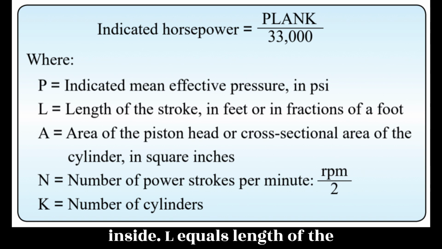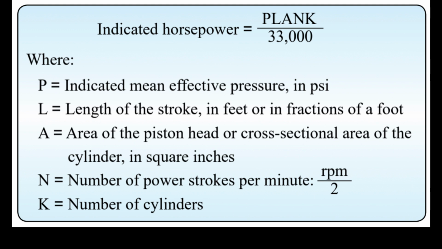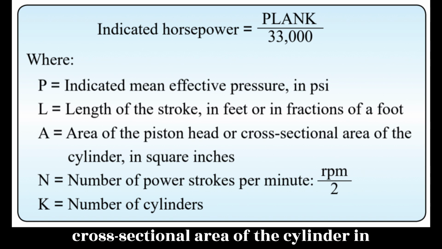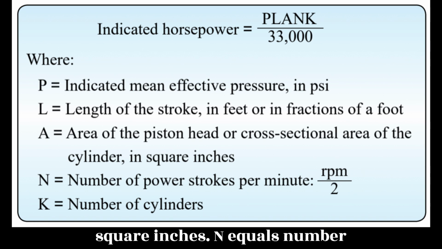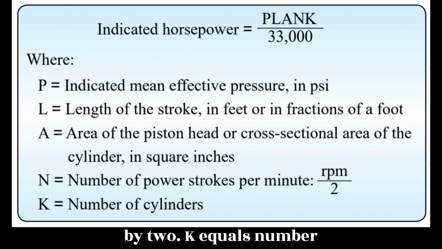L equals length of the stroke, in feet or in fractions of a foot. A equals area of the piston head or cross-sectional area of the cylinder in square inches. N equals number of power strokes per minute, RPM divided by 2. K equals number of cylinders.